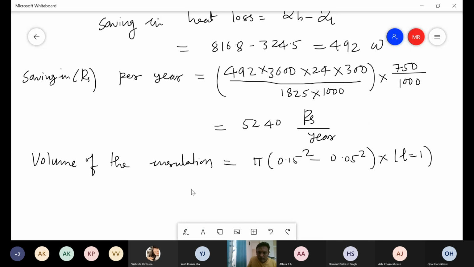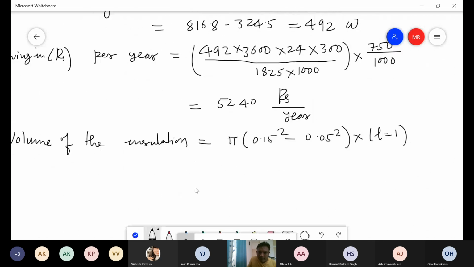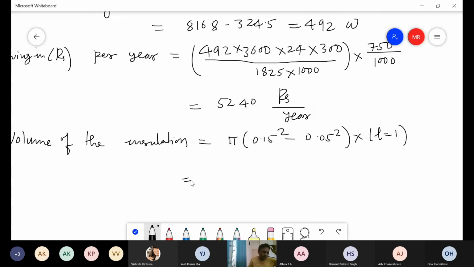So this comes out to be how much? Anybody? This comes out to be 0.0628 meter cube. Check whether this is correct. Now we can convert in terms of the cost.